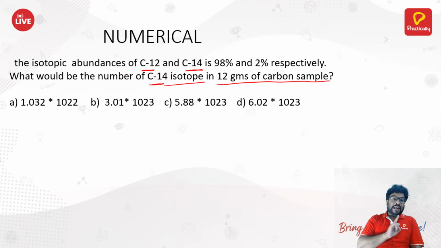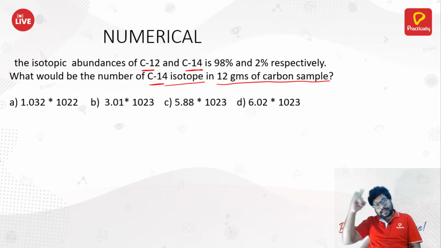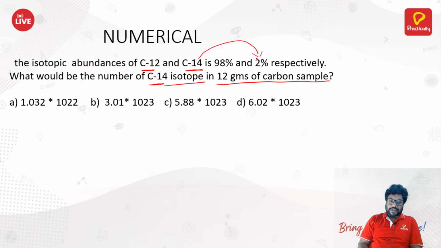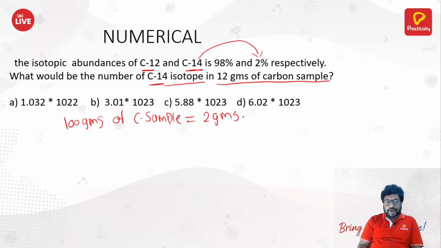But here I have asked you what would be the number of C14 isotopes in that 12 gram carbon sample. Okay, so you had already seen the C14 is 2%. That means 100 grams of carbon sample will have 2%, that is, 2% of 100, meaning how much? 2 grams. So 100 grams of carbon sample will have 2 grams of C14.